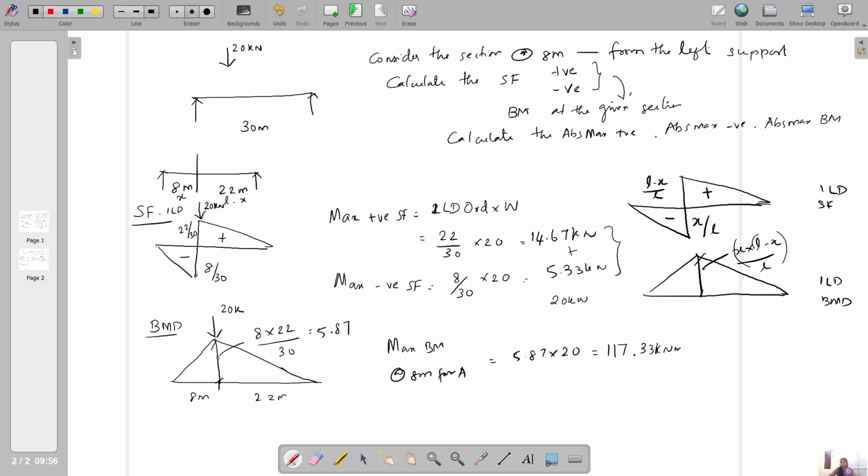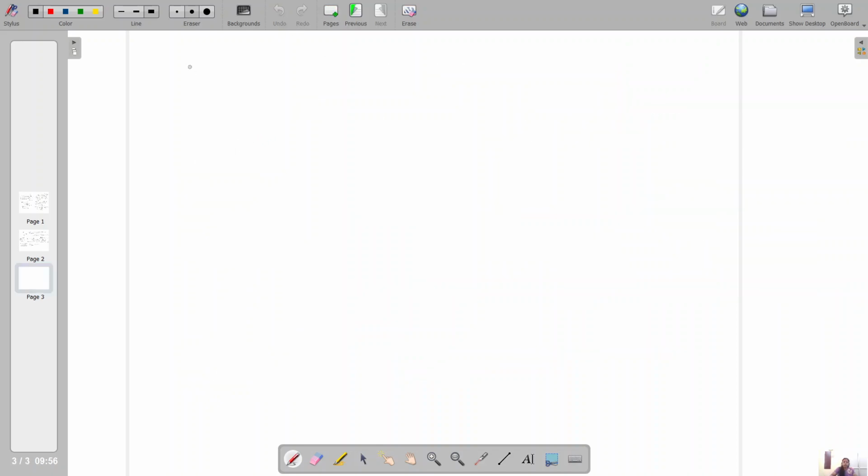Next, we are going to calculate absolute maximum positive shear, maximum negative shear, and absolute bending moment. So the general condition for absolute maximum positive shear is, actually we have drawn this diagram like this. This is at a section itself. If this positive diagram extends up to A, this will be the maximum shear we can obtain. Okay.